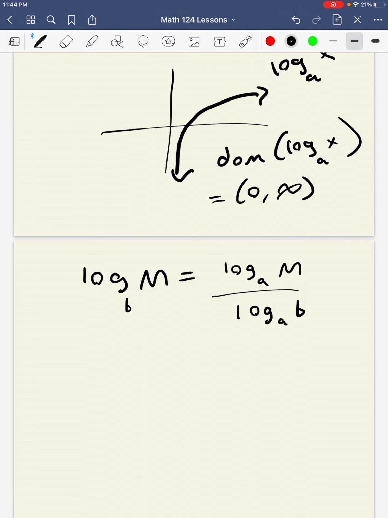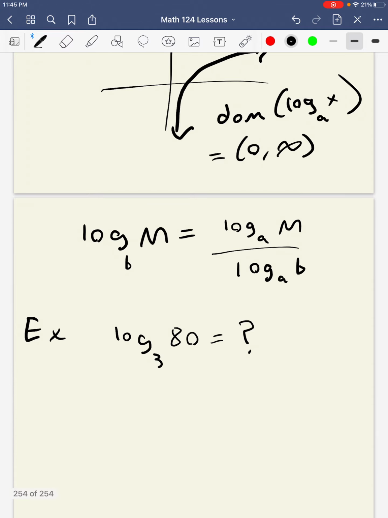Let me think of an example here. Say we're considering the logarithm log 3 of 80. Okay, maybe we want to change that into a base 10.